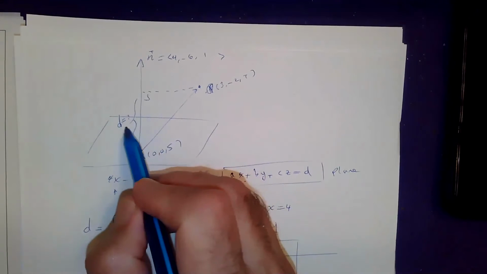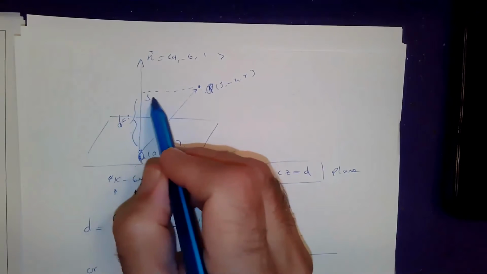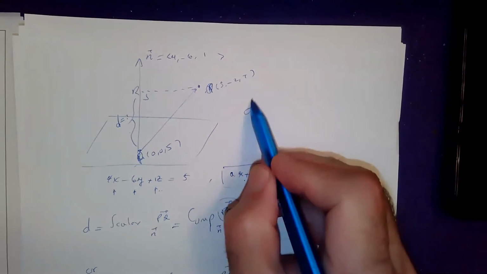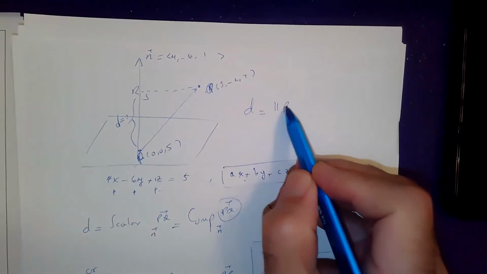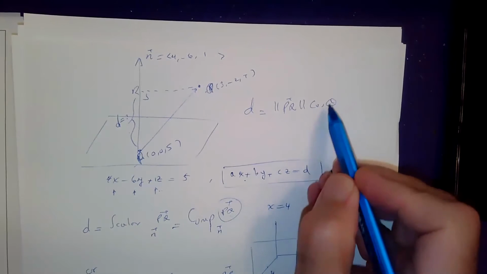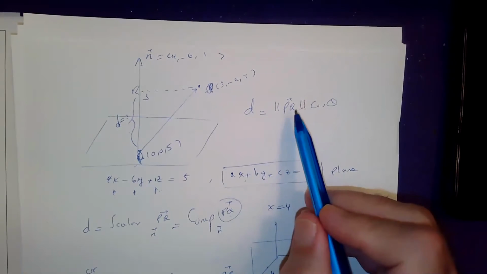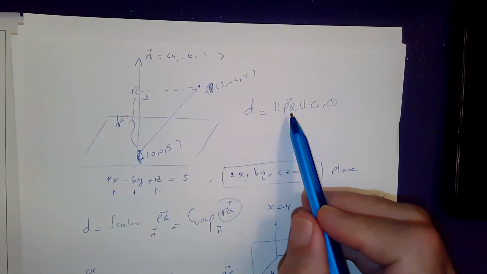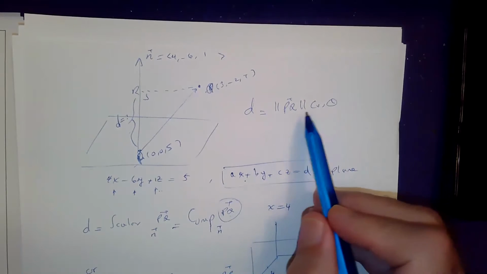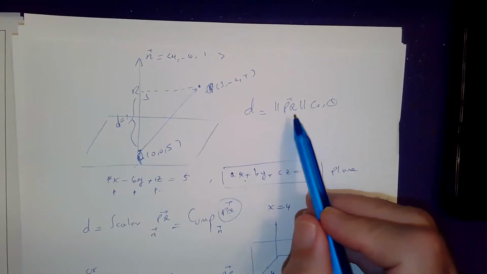Make sure why it's a dot product, because this guy is D and PQR is a right triangle, so D is equal to the magnitude of PQ times the cosine of theta. Do you see why it doesn't matter whether it's PQ or QP? Does this relationship clear up your question?